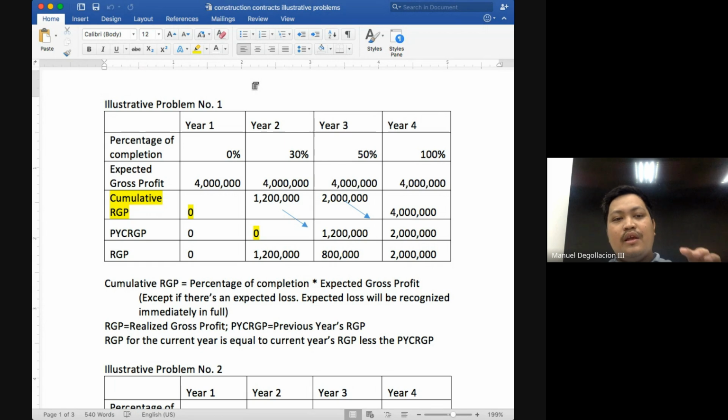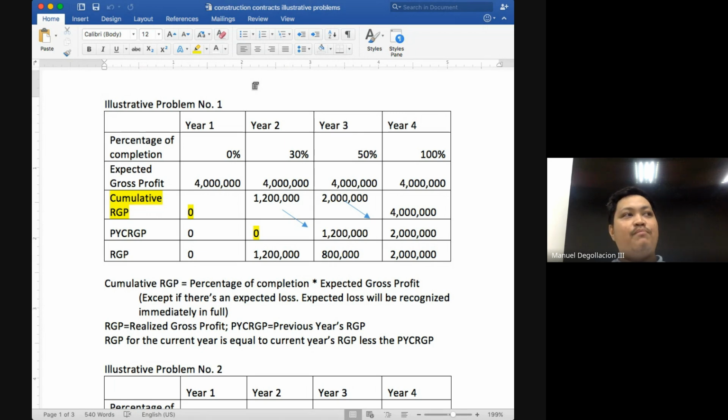Okay? So if the expected gross profit in year 1, class, for the entire contract is 4 million, the question now before us is how much of this 4 million will be reported on year 1. And even without knowing the steps, class, it should make sense to you that the amount of profit to be reported in year 1 would be 0. Why will it be 0? Because you have not accomplished anything. You have not earned any portion of the total 4 million.